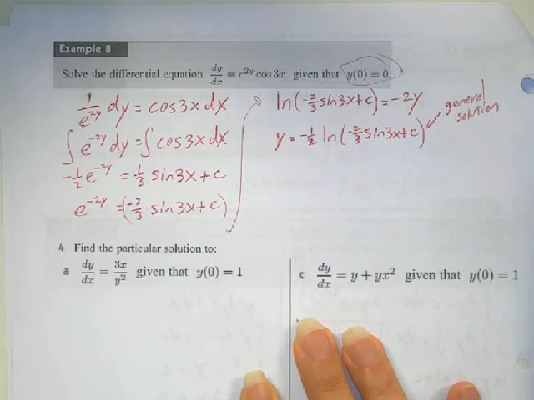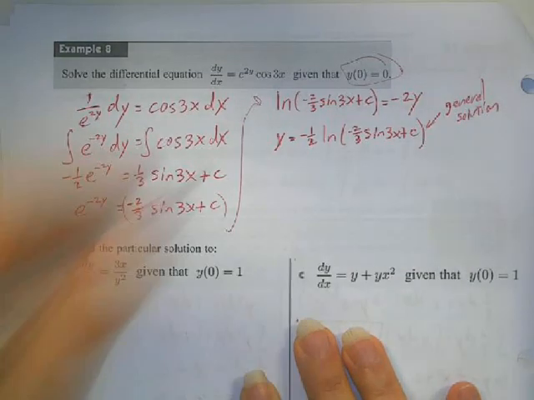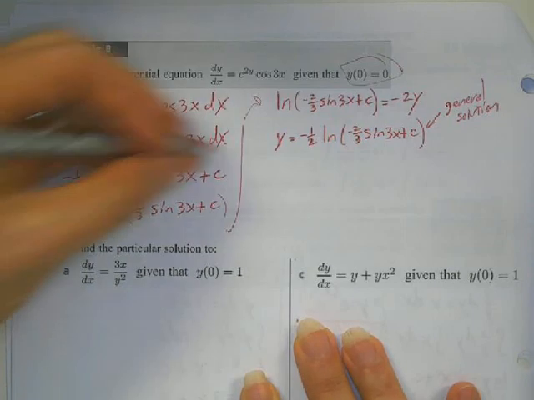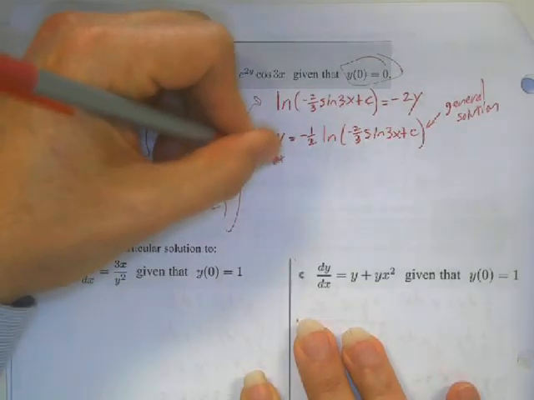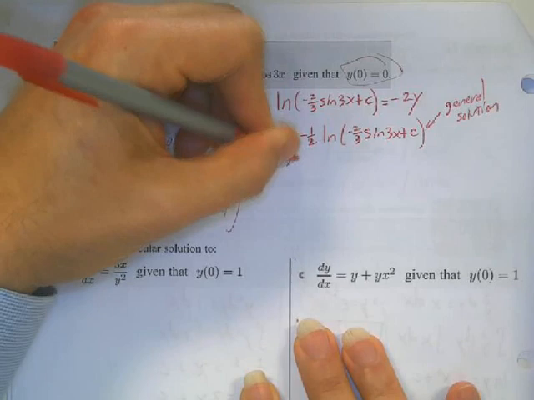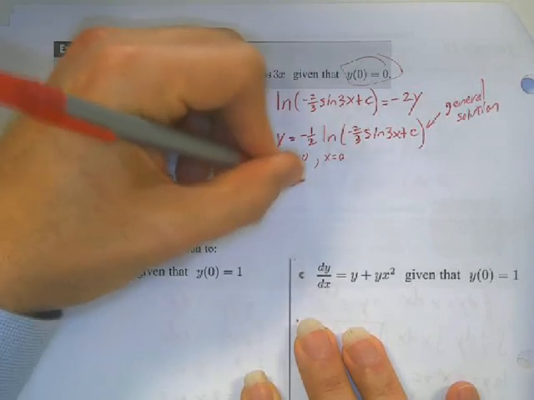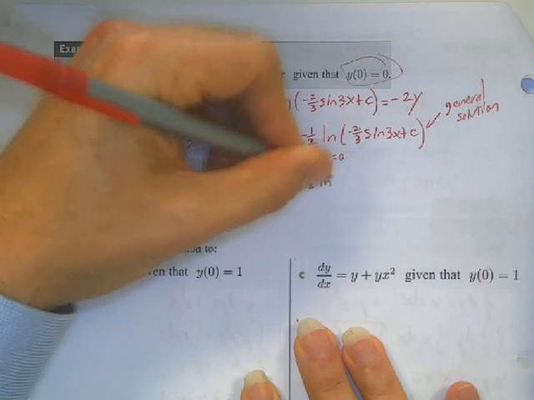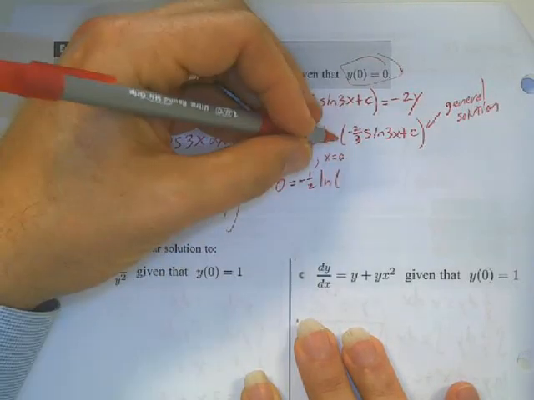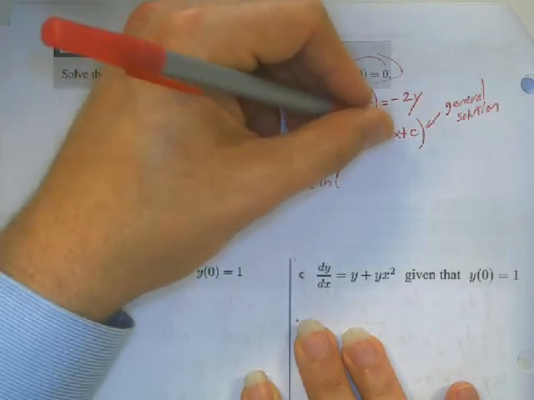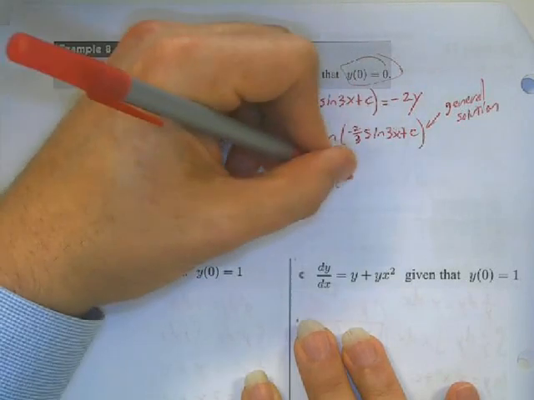And now we want to find our particular solution when x is 0 and y is 0. So let y equal 0 and x equal 0. Then I get 0 equals negative 1/2 natural log of sine of 0. That's going to give me 0, 0 plus c.